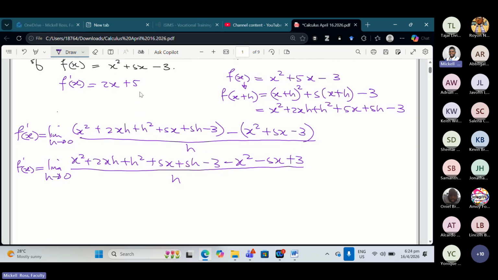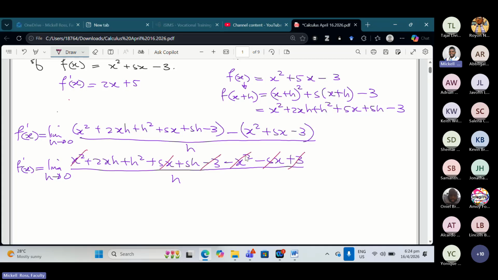So right here, we can identify a few things, and we can simplify. X squared will cancel with this minus x squared. 5x will cancel with this minus 5x. And 3 will cancel with this minus 3.